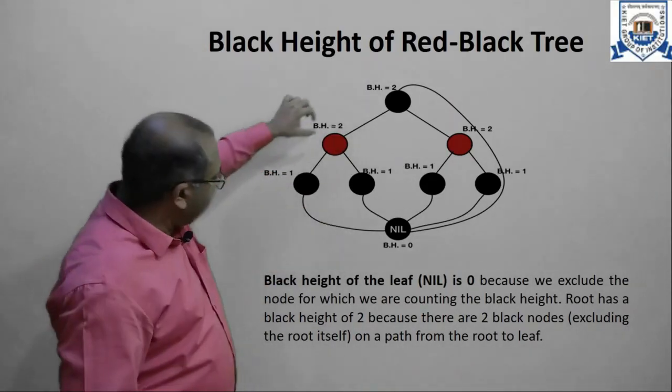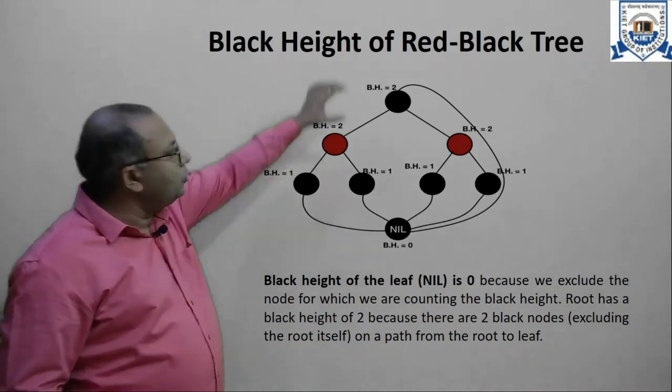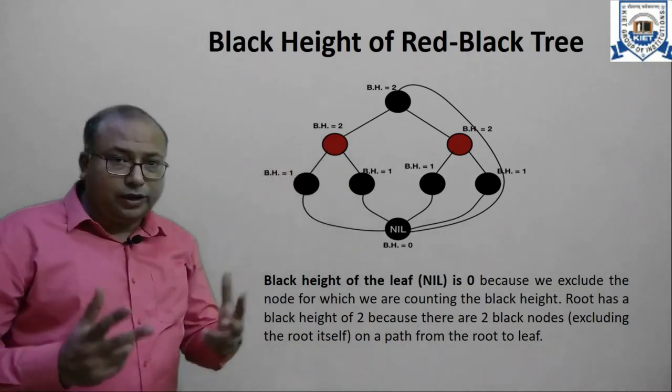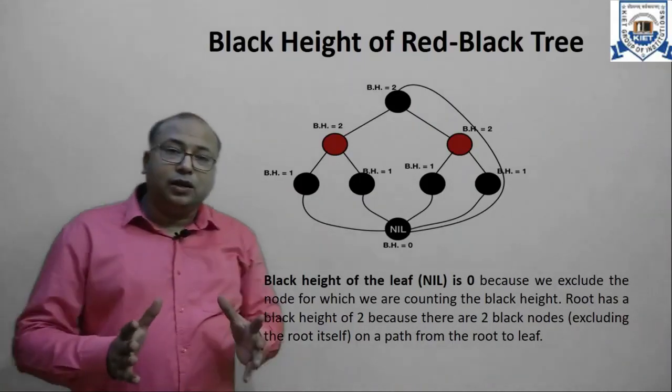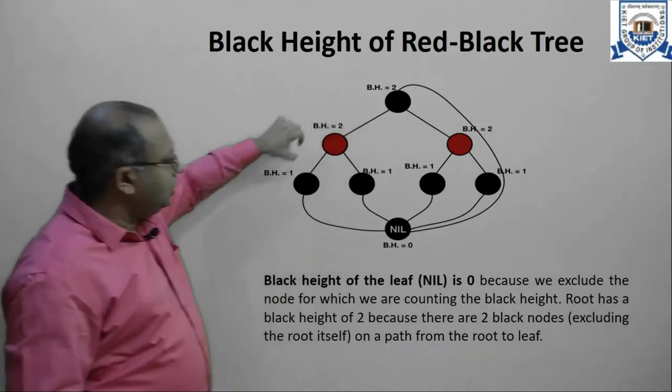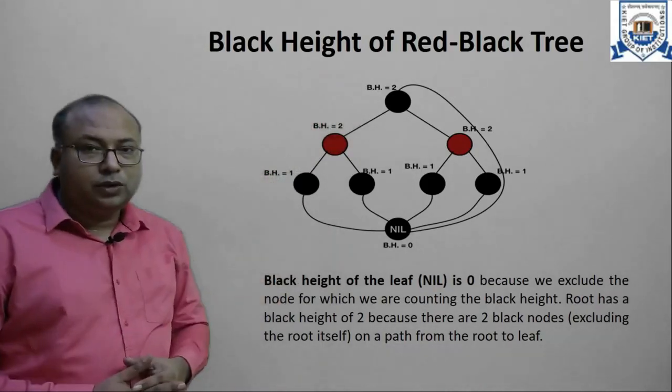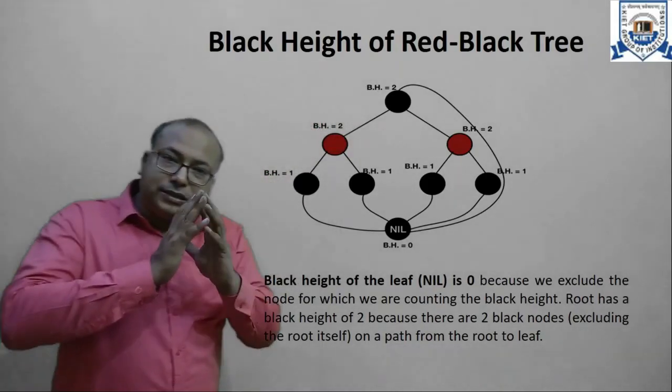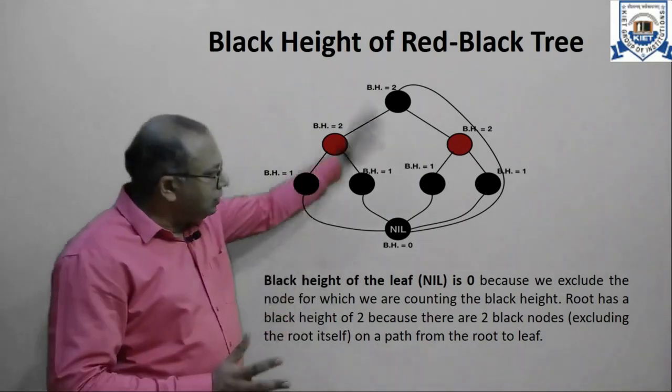So how many black nodes are we getting from root to leaf nil? 2 only, because we are ignoring the color of the root. So the black height of the root node is 2. But this should remain the same for all paths.